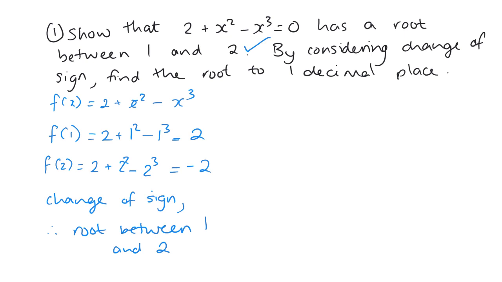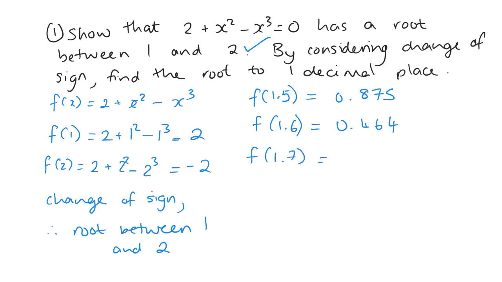Now by considering change of sign, find the root to one decimal place. We'll just continue on, and this is where it's like trial and improvement. We go to between 1 and 2, 1.5. When we put 1.5 in as x, we get 0.875. f of 1.6, we get 0.464. f of 1.7 is minus 0.023.